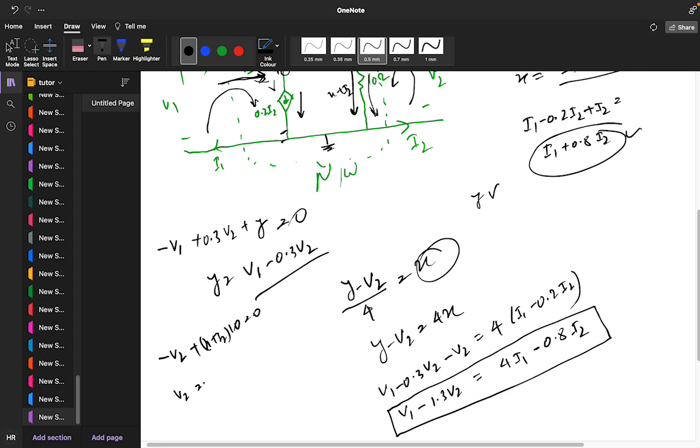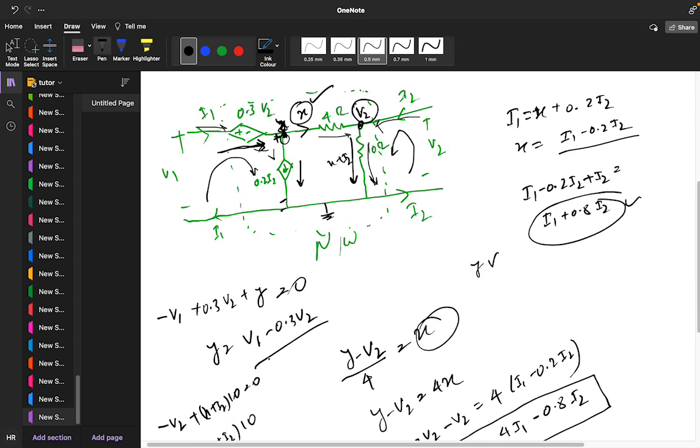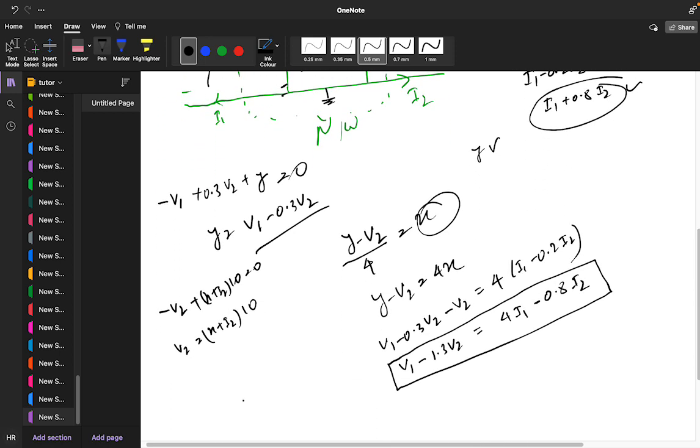So v2 equals x plus I2 into 10. Substitute the value of x, I1 minus 0.2 I2. So v2 is I1 minus 0.2 I2 plus I2, into 10. What will the v2 value be? You will get 10 I1 plus 8 I2.